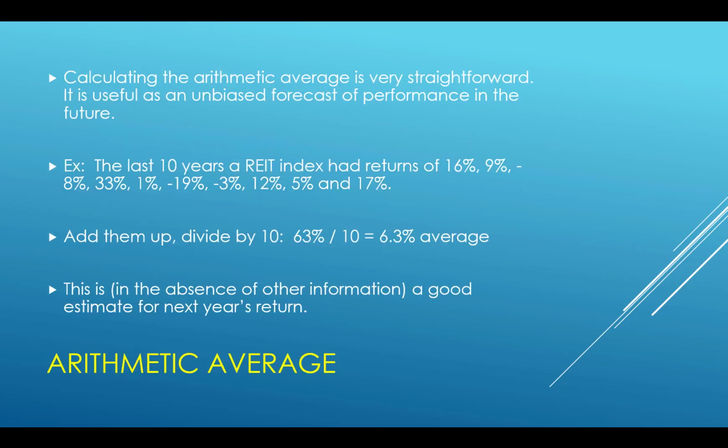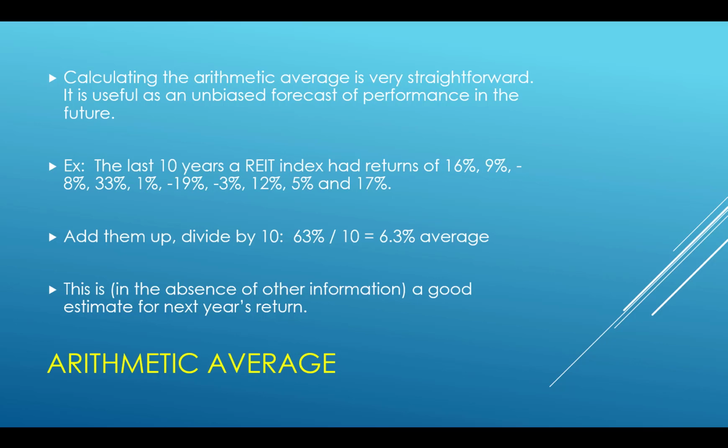As I've already mentioned, you've seen arithmetic average many times, and it's a very straightforward calculation. It's useful as an unbiased forecast of performance in the future. So this is one nice thing about this very simple measure: we can look at the last 10 years, for instance, and if we look at that arithmetic average, we can say an unbiased estimate of next year's 1-year return would be the average that we've experienced over the last 10 years.